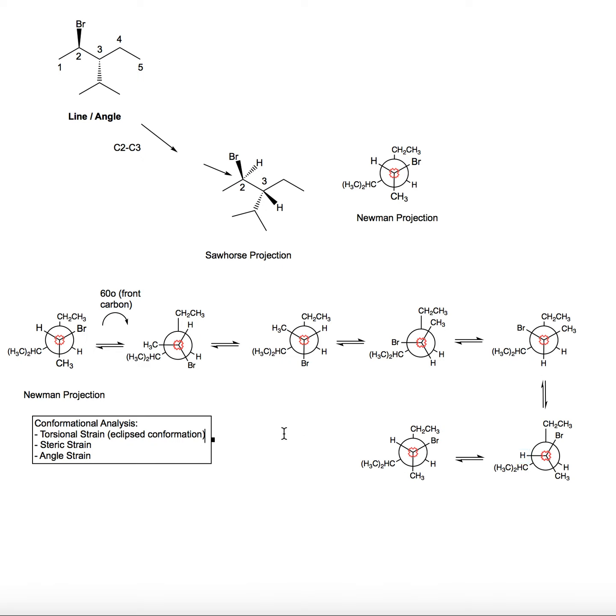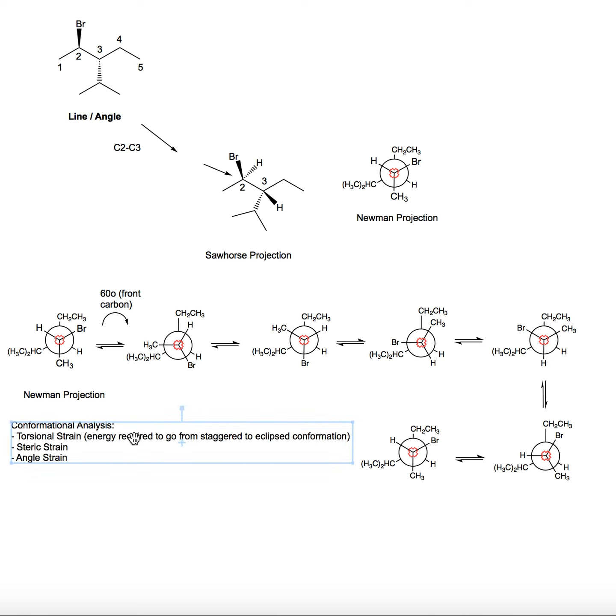Torsional strain is the energy required to go from staggered to eclipsed. So every eclipsed conformation will have torsional strain. I'm going to define here: energy required to go from staggered to eclipsed conformation.